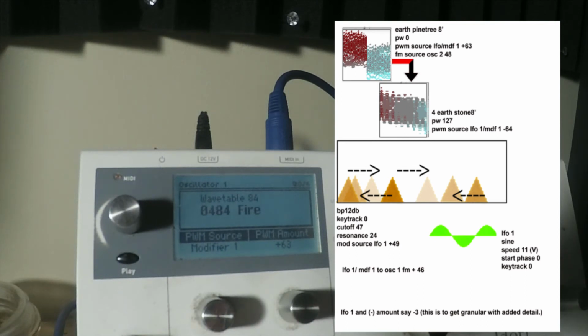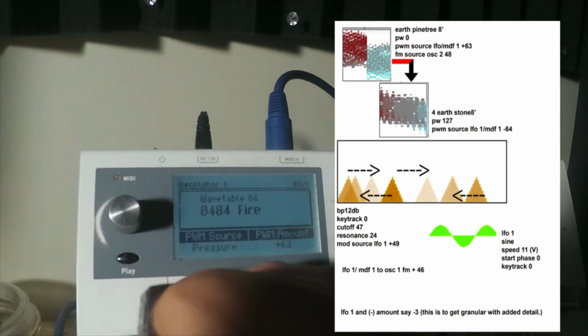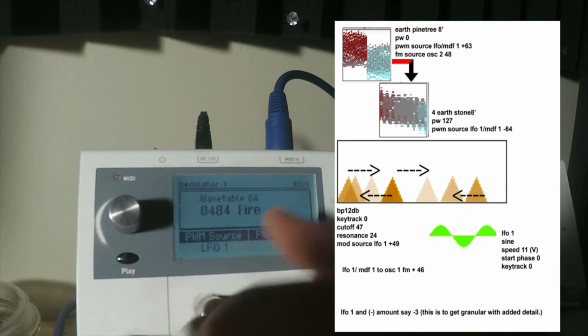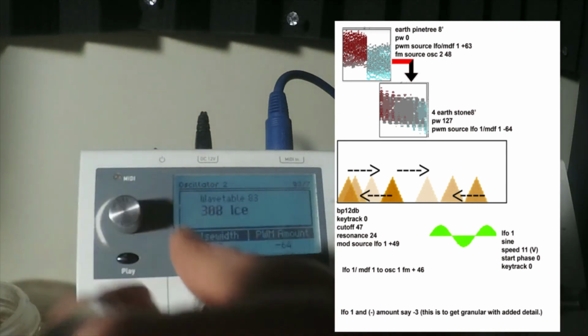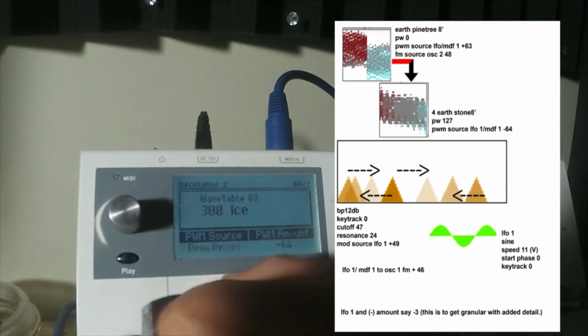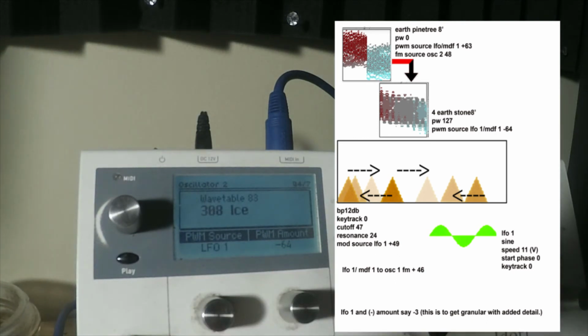You either switch it in or out, because you get more grain action. So I'll switch it to the LFO. It's a lot smoother. Still get a little bit of graininess, but it's more smooth.